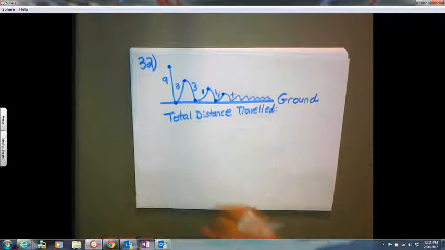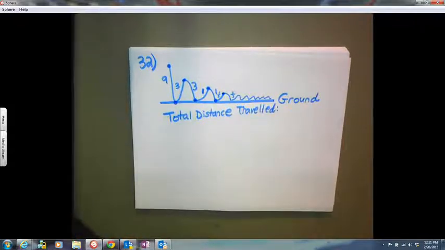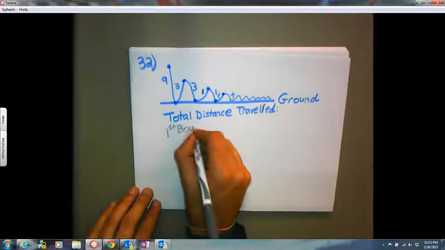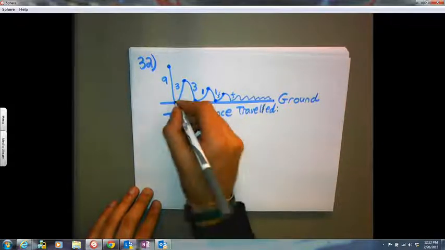Alright. Now, if they wanted to know how much distance it's traveled the instant it makes the first bounce, what would your answer be? Right here? 9. How far has it traveled? Is it 9 feet?